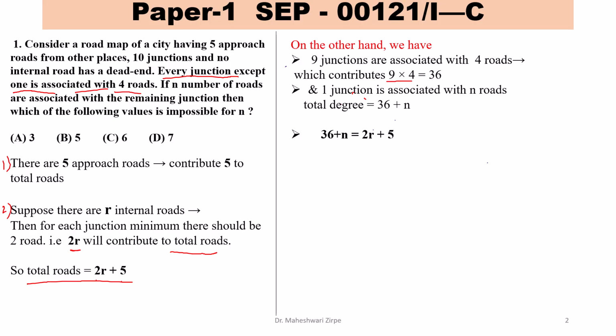That is 9 into 4, which is 36. Now these 36 roads are also going to contribute to the total roads, correct?